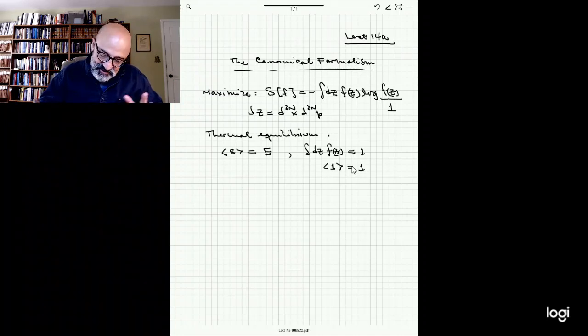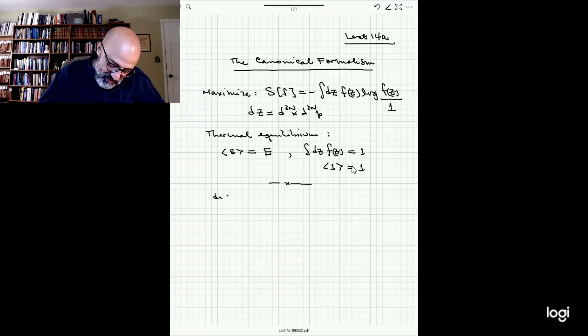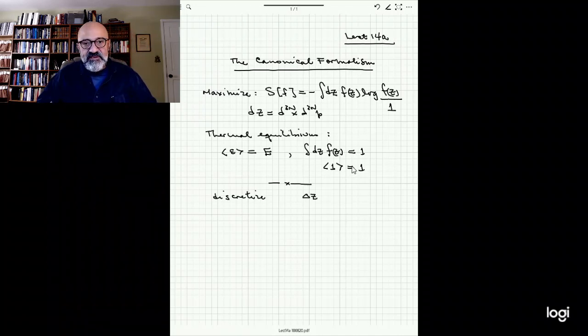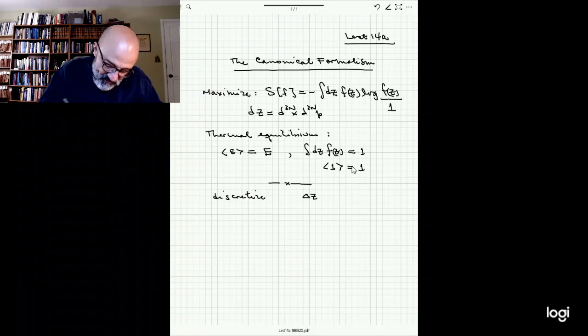So although it is not necessary, we shall discretize this. It makes the formulas look a little bit simpler, but this is not really necessary. We're going to have cells in phase space of volume, well, like we have it here.